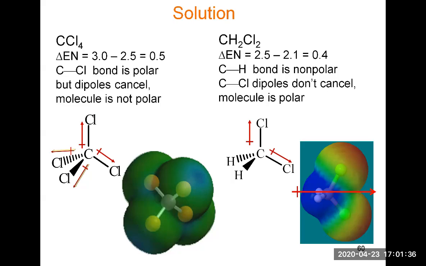So the 2 chlorines are where you have the red area. And so those 2 chlorines are where the net dipole points. It points between the 2 chlorines, starting from the carbon, away towards the 2 chlorines. And so this molecule is polar.